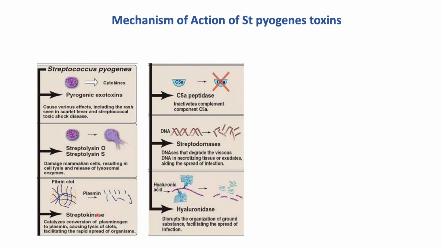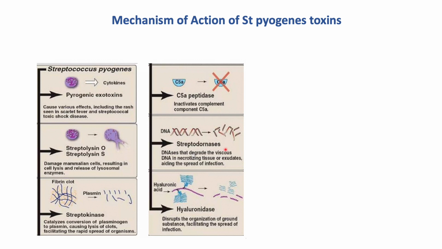Streptokinases catalyze the conversion of plasminogen to plasmin, causing the lysis of clots, facilitating the rapid spread of these organisms. Enzymes like C5a peptidases inactivate the complement component C5a and hence block the immune responses to the pathogen by the host.